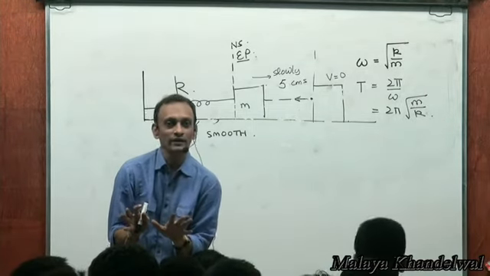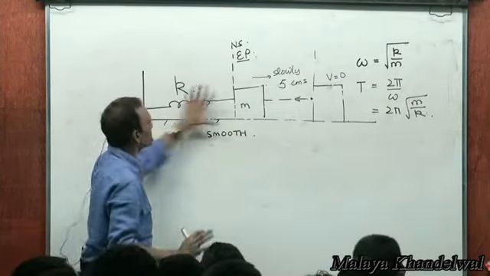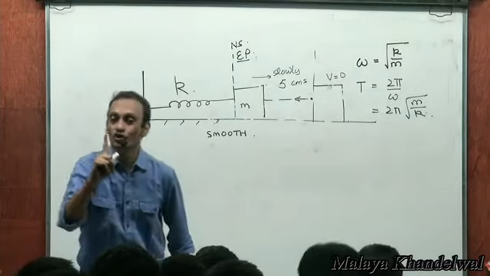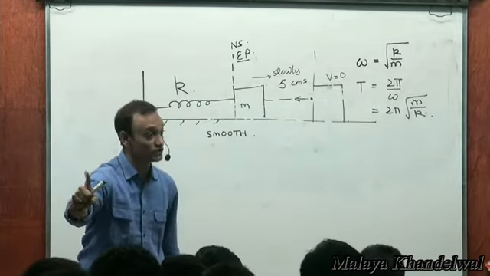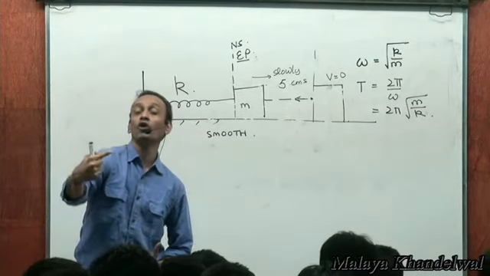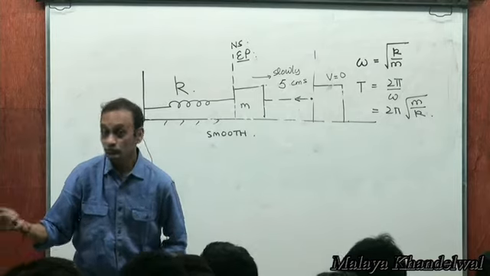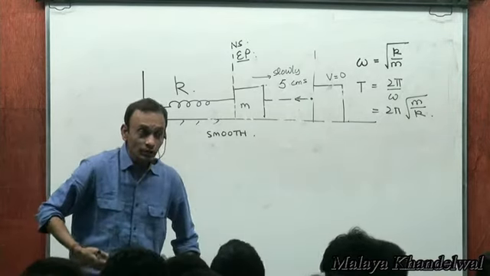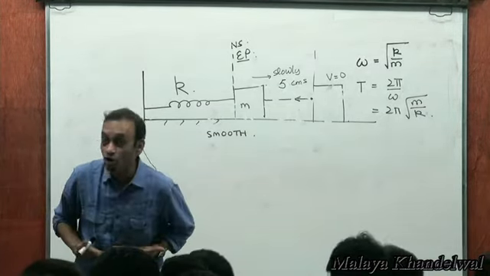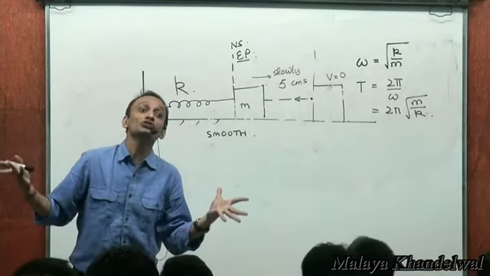If you're not that wild, you're just mild with it, let it be the way it is, then you can't change omega, you can't change the force constant of this motion. But nature will always allow you the amplitude that you want to build into the system. So amplitude belongs to us, omega belongs to the system.